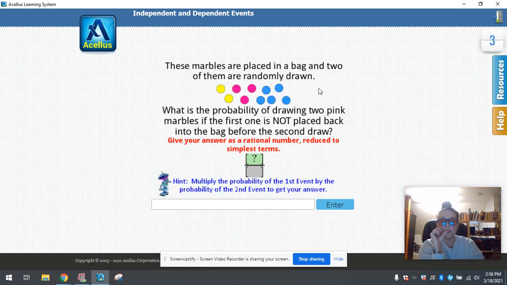These marbles are placed in a bag and 2 of them are randomly drawn. What is the probability of drawing 2 pink marbles if the first one is not placed back in the bag? So my probability of drawing pink marbles is 1, 2, 3. 3 pink out of 10.